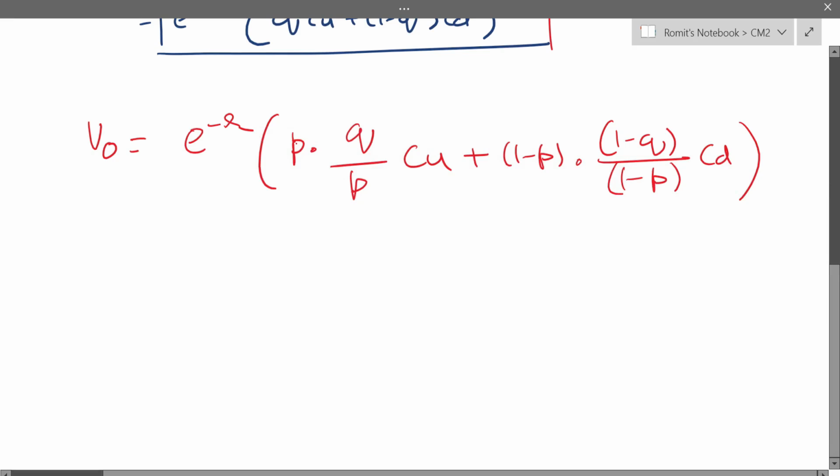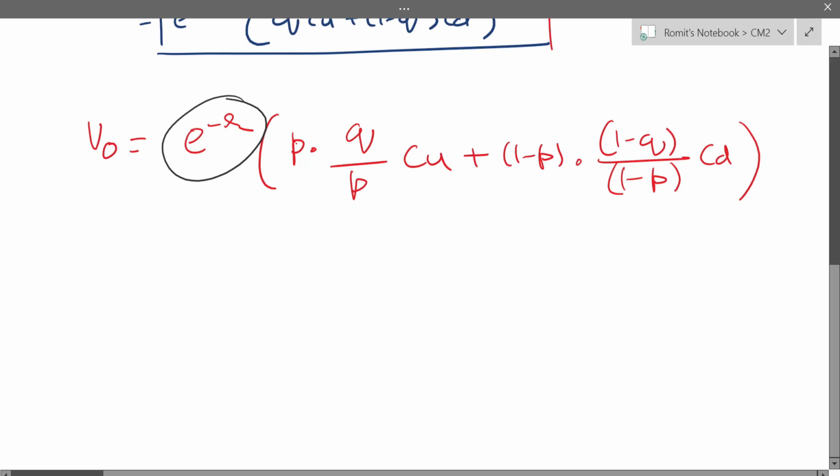So the expression for the state price deflator is actually this discount factor along with this term, which is just the ratio of the risk neutral probability to the real world probability when the price goes up, and the ratio of the risk neutral probability to the real world probability of the price going down.